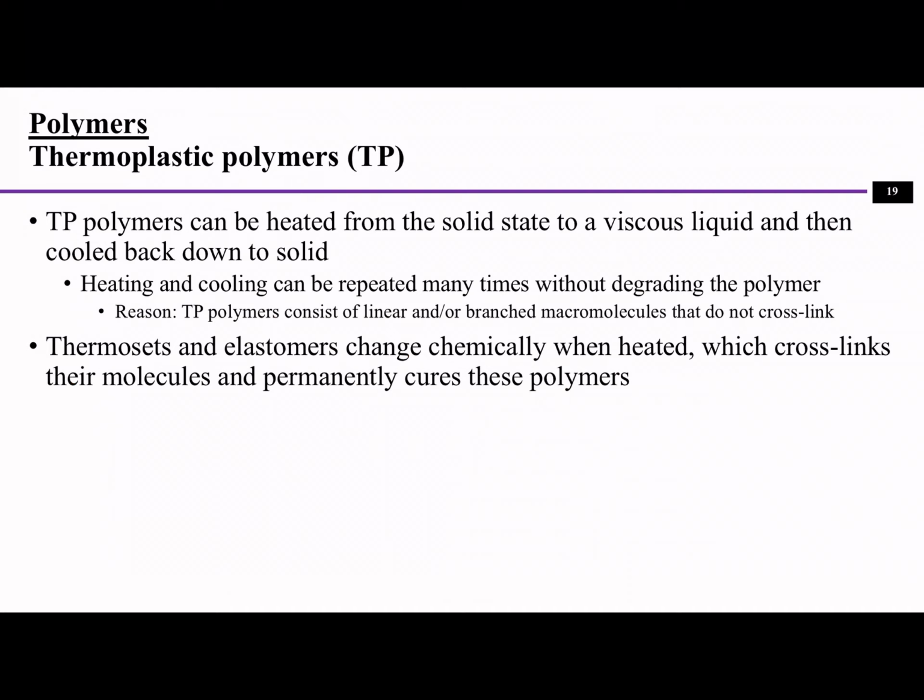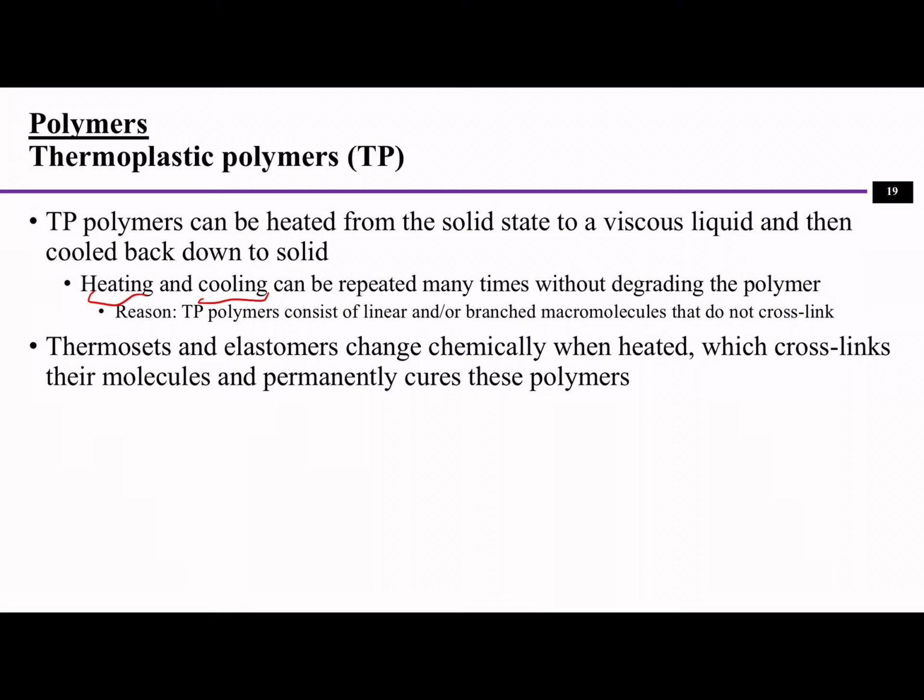For the types of polymers, the first big type is thermoplastic. Thermoplastic can be heated from solid state to viscous liquid state and then cooled back down to solid. This heating and cooling can be repeated many times without degrading the polymers.